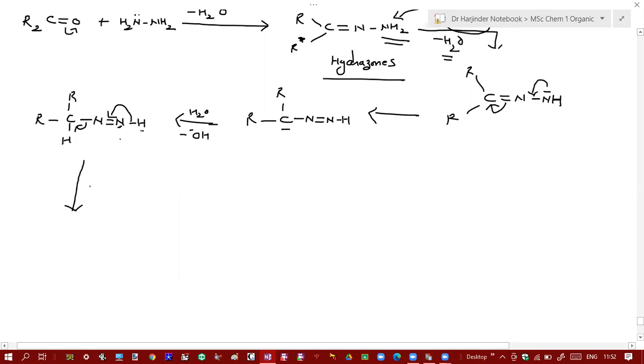Removal of nitrogen. This will be removed as nitrogen. So from here what was removed? H plus, and the bond pair of electrons went to the carbon, so a negative charge came on the carbon. This H plus will combine with this negative charge and it will form the corresponding alkane. So hydrogen comes on, and it forms the corresponding alkane. So this is the mechanism for Wolff-Kishner reduction.